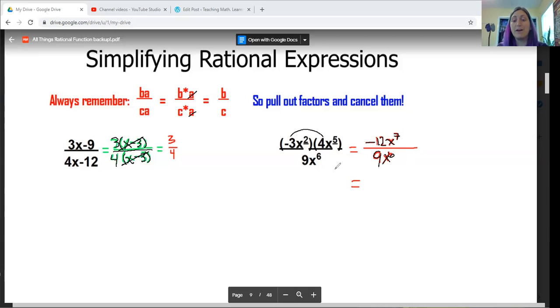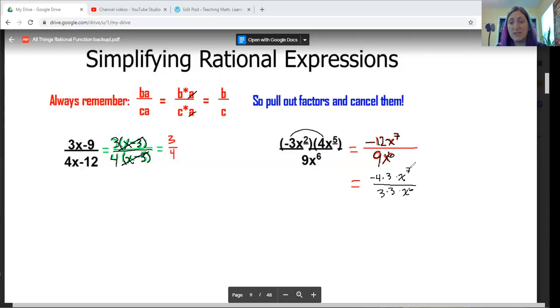Now we can simplify this out, okay? What does that equal? Well, let's see, factors of 12 include, or -12, I guess, include -4 times 3, of course, and factors of 9 are 3 times 3, and then we have x to the 7th and x to the 6th. Well, that means there are 7 of them up here and 6 of them down here. That means 6 of these cancel out almost all of the ones on the top, right?